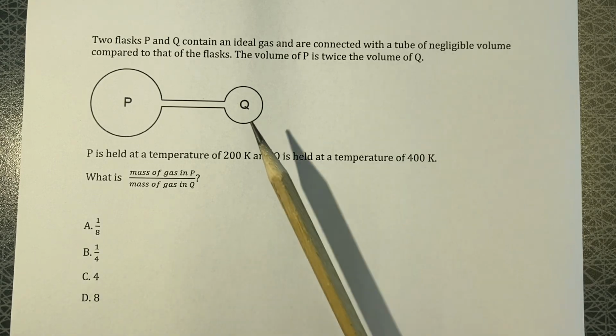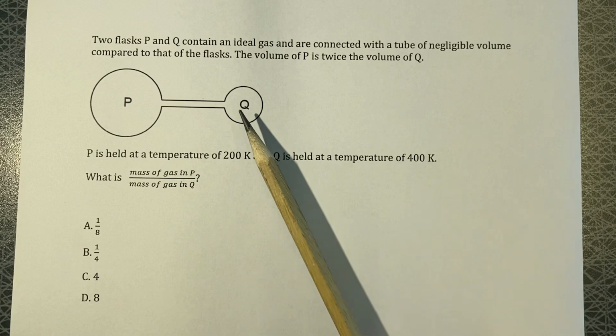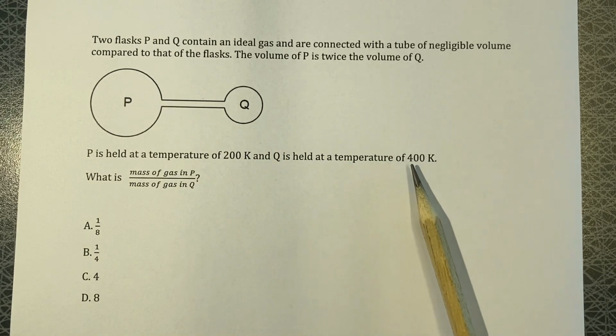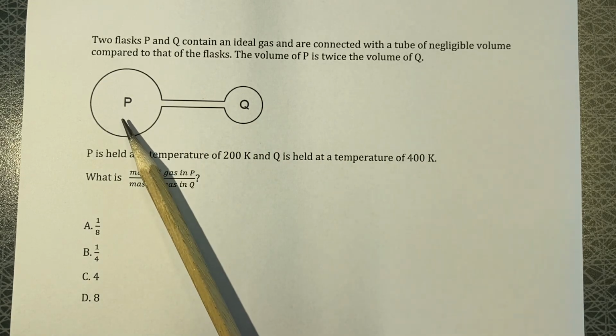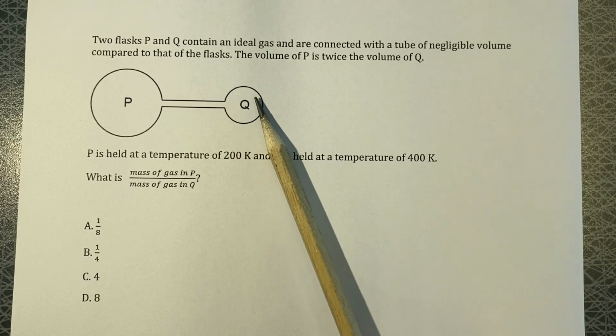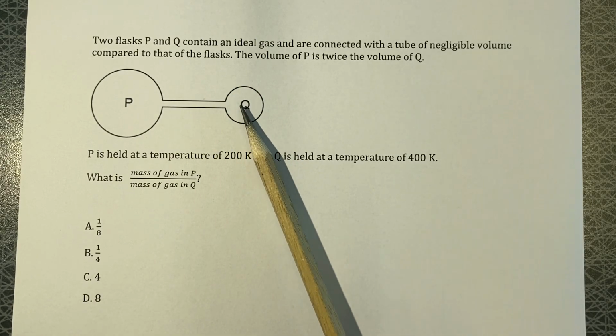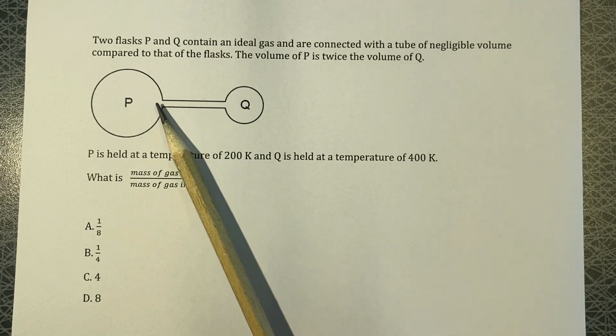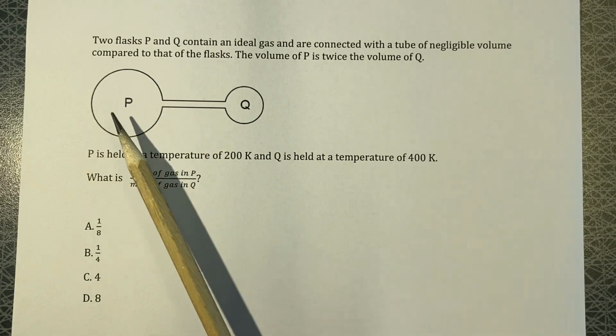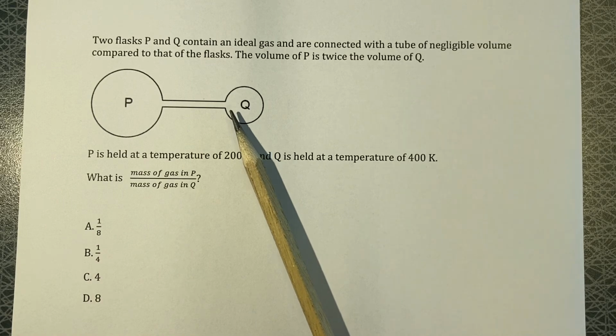Now, if the temperature here is 400, that is twice as much as 200. Then they will move much faster inside here. So that means that they will more likely go in this direction than in this direction.